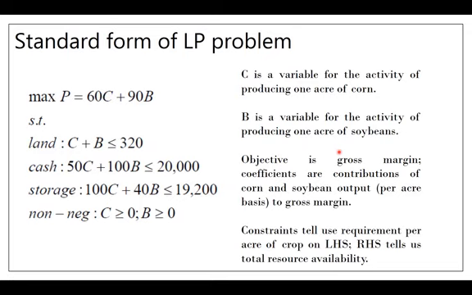Okay, so let's look at our problem in this lab. So just to review, we have maximization of some set of returns, P, being measured here. I think it's called gross margin in the notes over here to the side. Corn is one activity, beans or soybeans is the other activity. The activity unit is an acre.